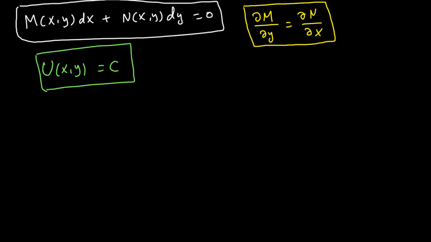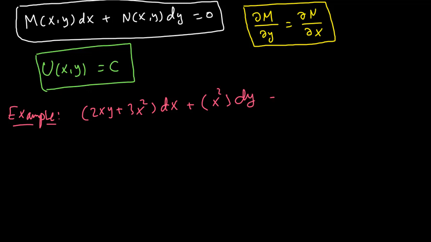So let's take an example. Assume that we have a differential equation of this form: (2xy plus 3x squared) dx plus x squared dy equals 0.